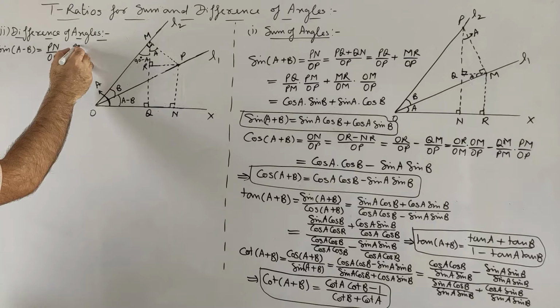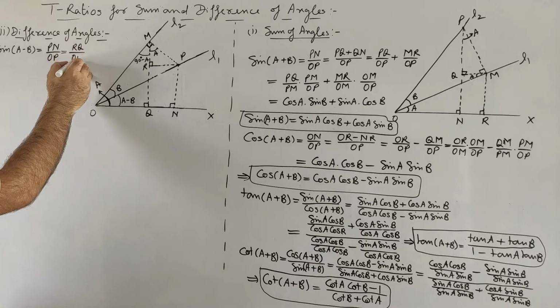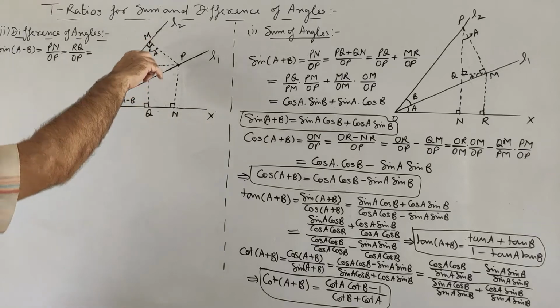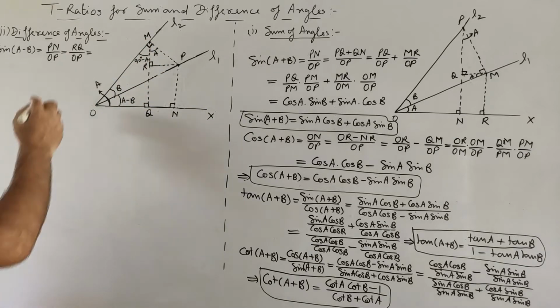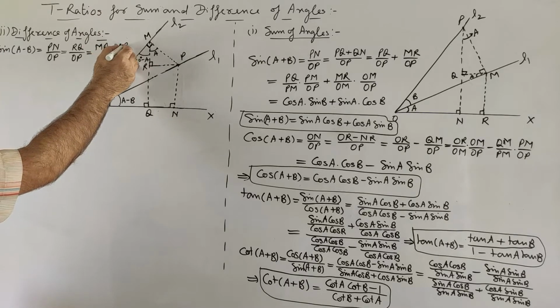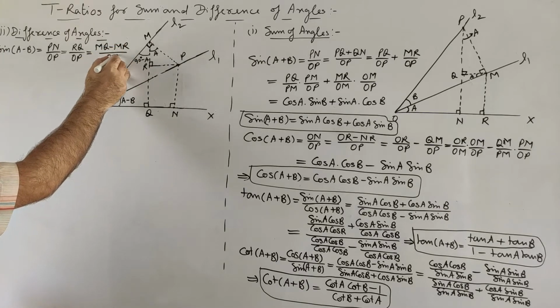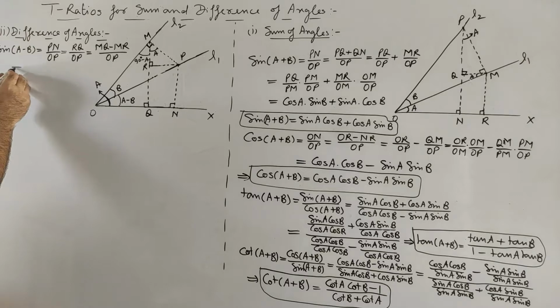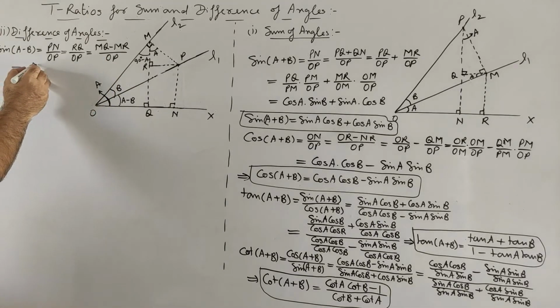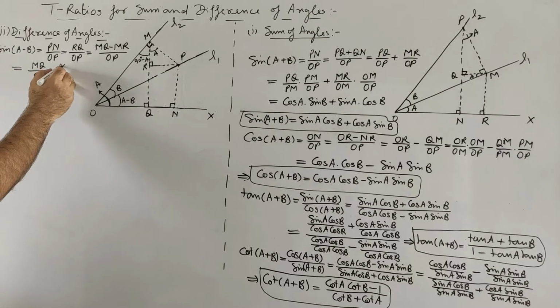So it can be written as RQ upon OP, and now RQ can be written as MQ minus MR. So it will be MQ minus MR upon OP. Now we will separate these two, and this will give us MQ upon OP minus MR upon OP.